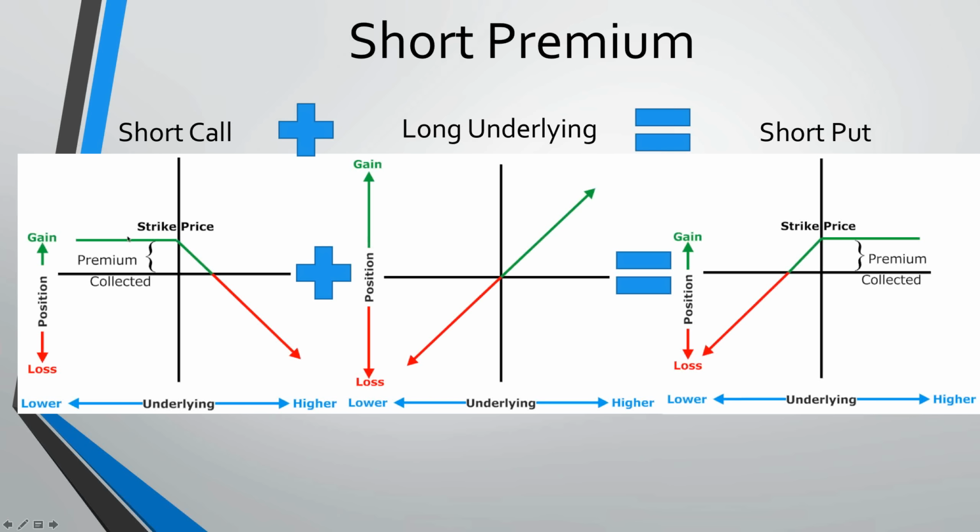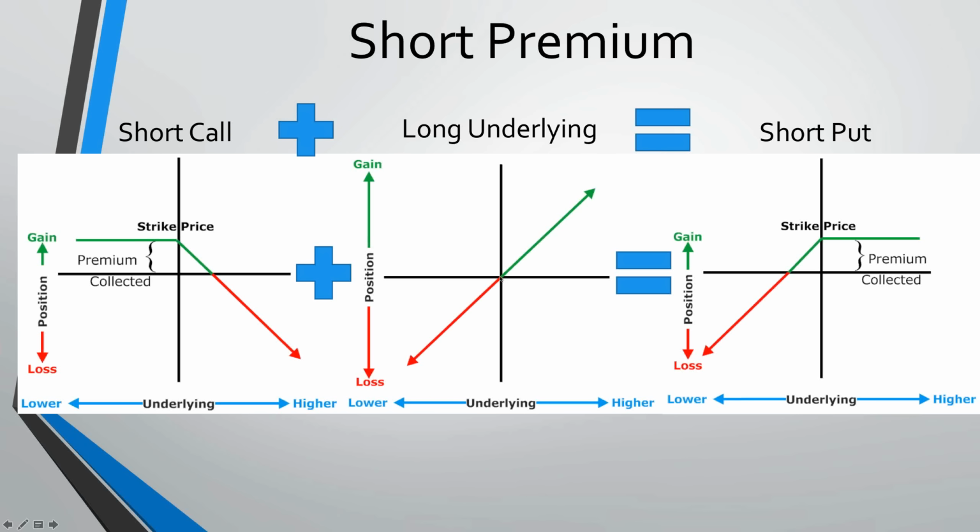If we have a short call, which we've collected premium on, somebody else has paid us and gone long the call, we've gone short the call. If I want to convert that into a short put, if I just go long on the underlying, I get a short put. Again, the 45-degree angle sloping down on the short call, if I add that to the 45-degree angle of the long underlying going up, they cancel out and it goes flat.